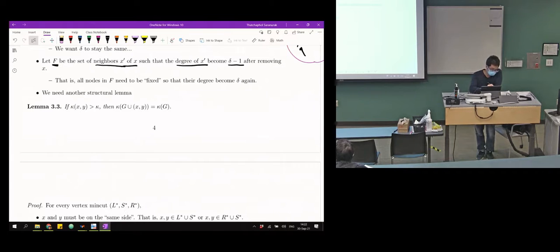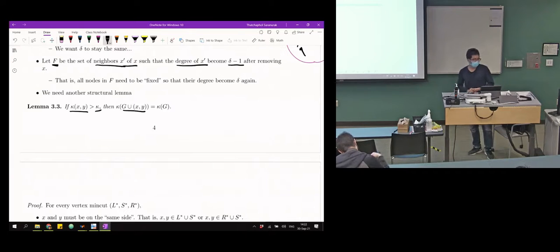It's going to be simple. That is, if you take any pair xy, and if kappa xy is greater than kappa, then it's safe to just add an edge to the graph, and the vertex connectivity wouldn't change.